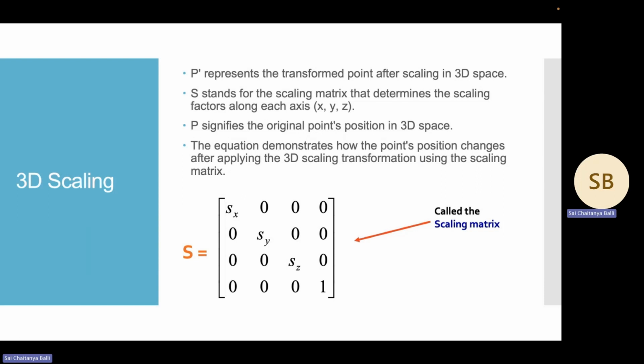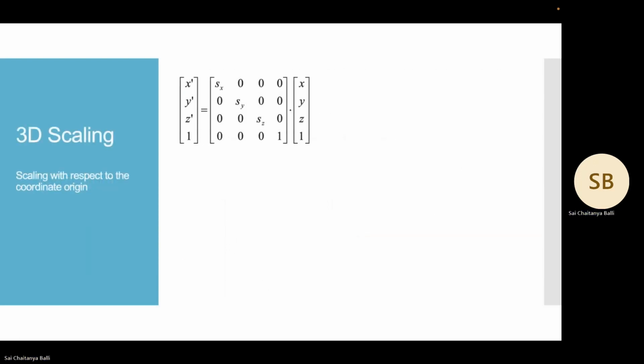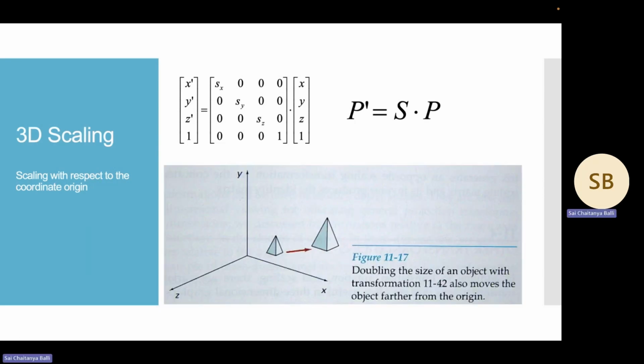The equation demonstrates how the point's position changes after applying the 3D scaling transformation using the scaling matrix. Here, we use this matrix and multiply it with the x, y, and z coordinates based upon the scaling factor. So P dash equals S into P, S dot P.